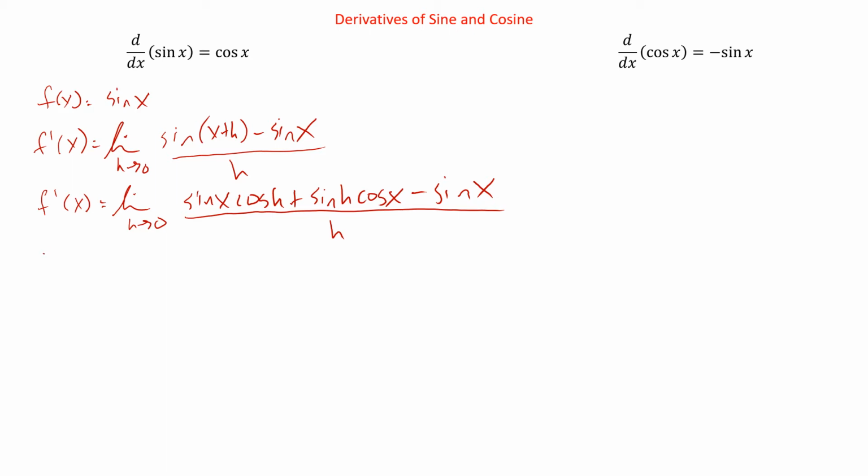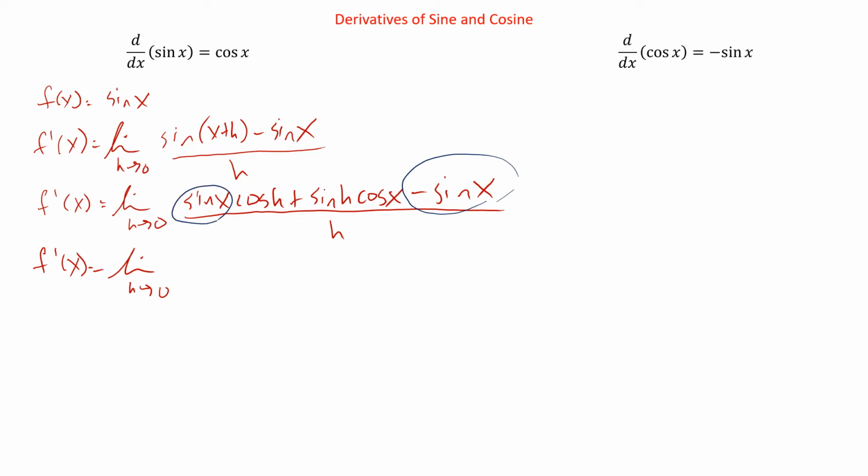So we have f prime of x equals the limit as h goes to 0. Now what we're going to do is group some like terms, because we have a sine x here and a sine x here.